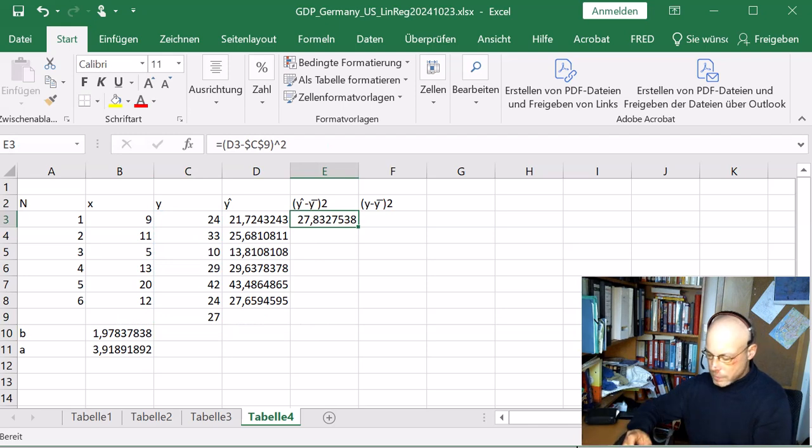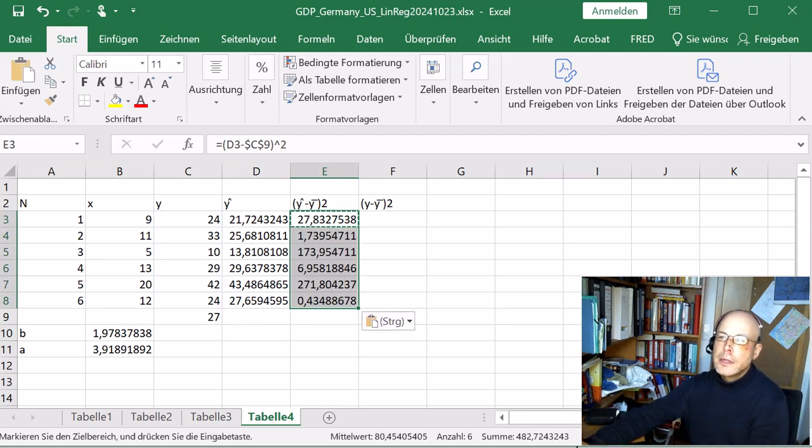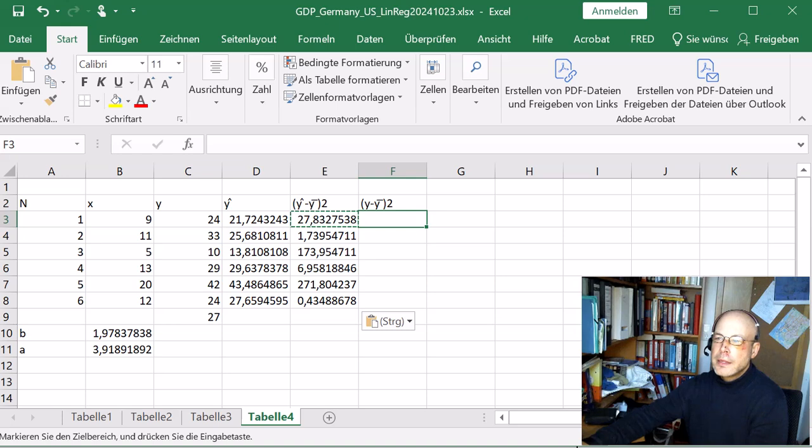And now we can copy all this down here. And then our data points with respect to the mean. So this would more or less represent our variance, well, the variance if we would divide this by the number of our data points.